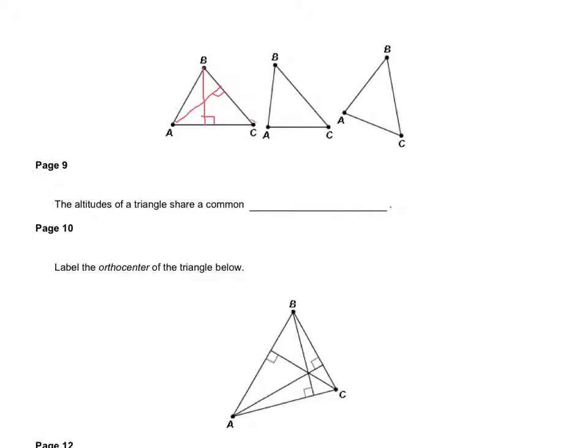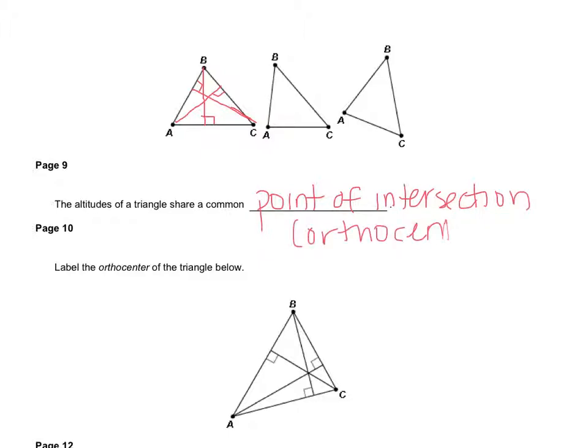And I can draw one from C, and it would be perpendicular here. And notice that these do not bisect the sides. They don't split them in half. The big thing is they are perpendicular. They do share a common point of intersection, and that point is called the orthocenter. Okay, so this point right here would be the orthocenter.